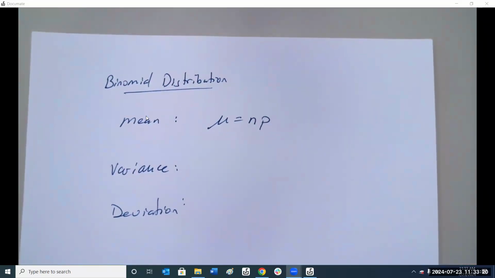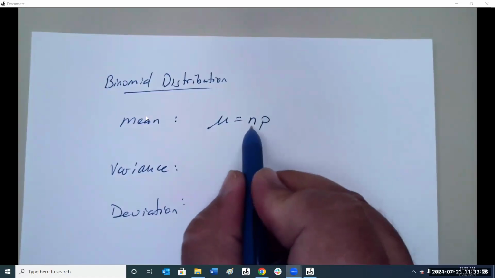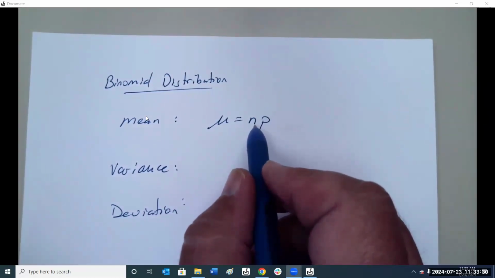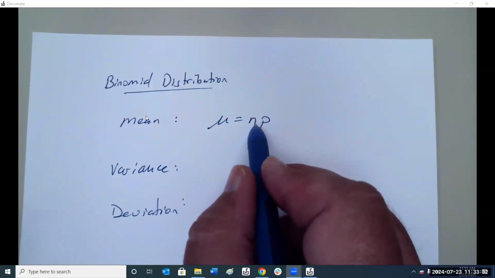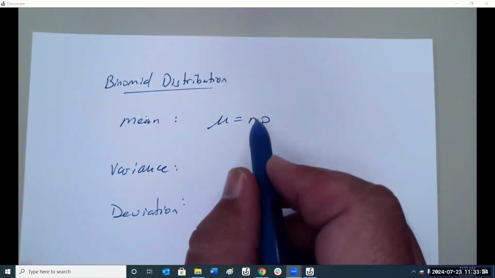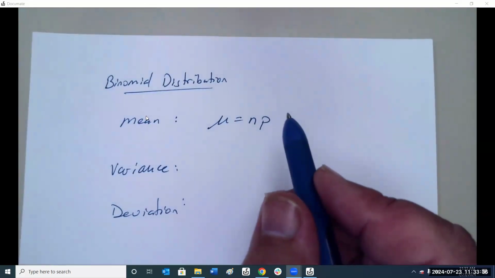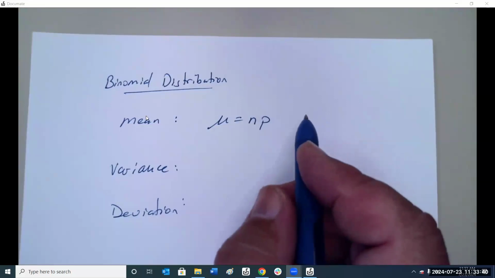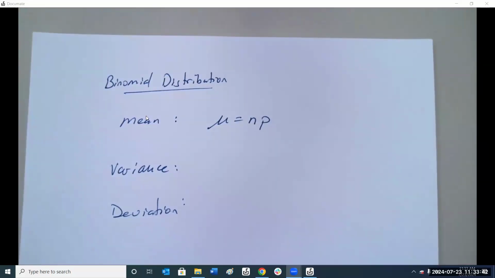That tells us the mean. The Greek mu is the population mean. It's the multiplication of n. What's n represent? The total number of elements that you're testing, your sample size. And p is the probability of success. Multiply those together, and that's your mean, n times p.